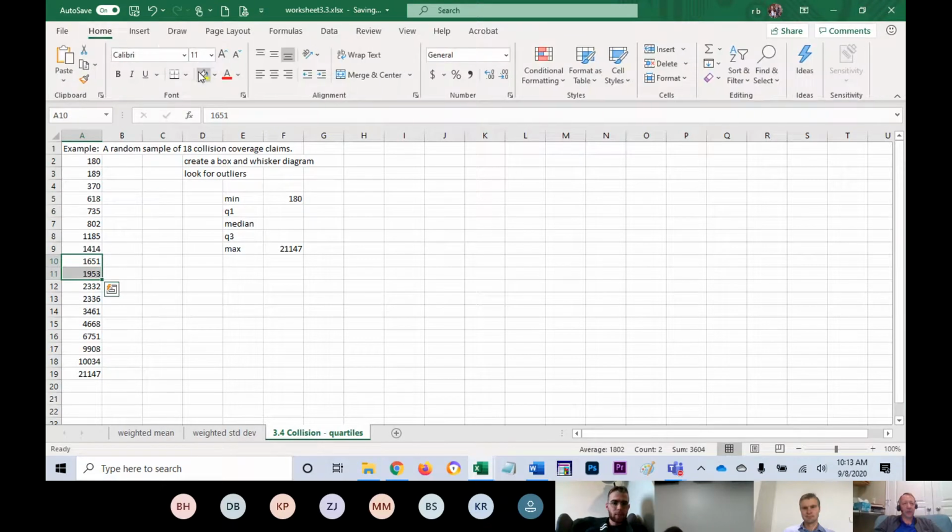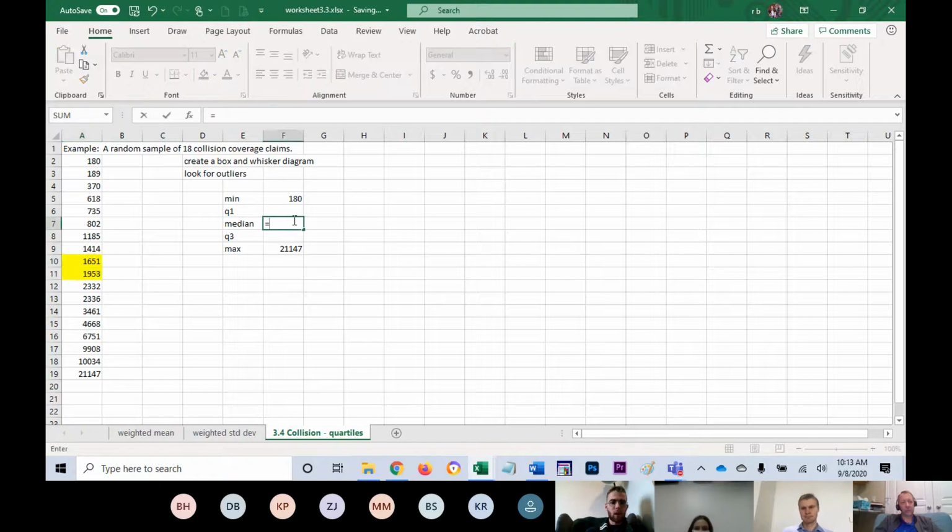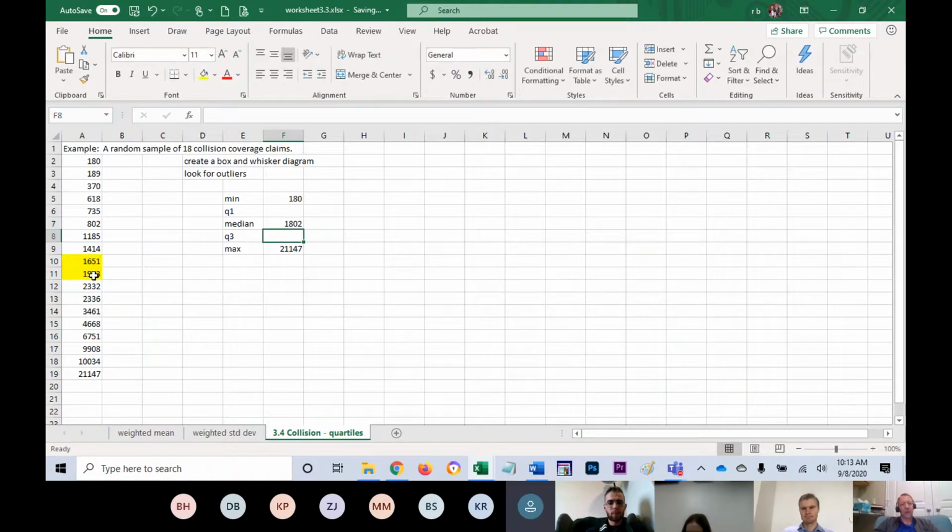So we're going to use both of those numbers, right? And so how do I find my median? You would add them and then divide them by 2, right? We're going to add them together and divide by 2. Okay. So the median is 1802.